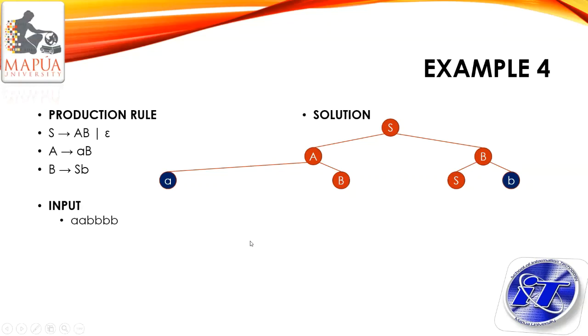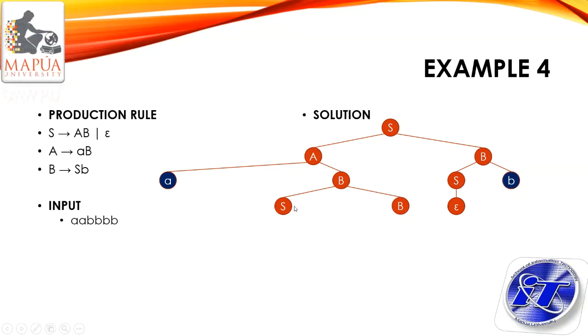Okay, so let's continue deriving our derivation tree. So B will be replaced by, definitely, SB. Okay, so by the way, this S will be replaced by null. Later you will know why null.